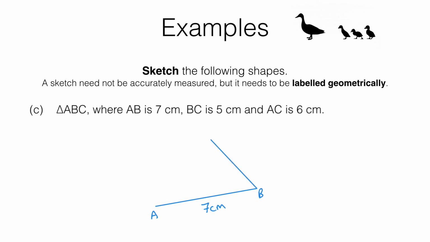I haven't measured this out accurately, there's no need to for a sketch. So there we've got BC as 5 centimeters, and then AC needs to be 6 centimeters. So all I do is join up from A to C with a ruler, label that 6 centimeters, and we're done. This is all we need to do for a sketch.